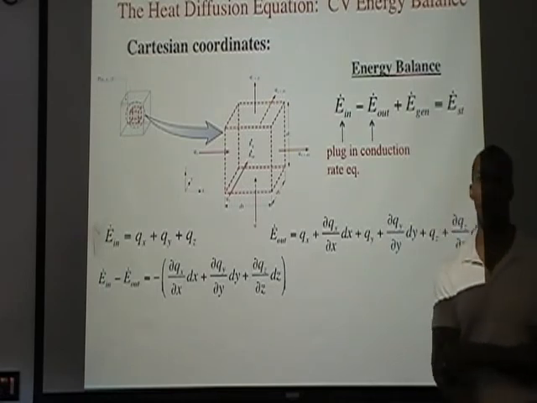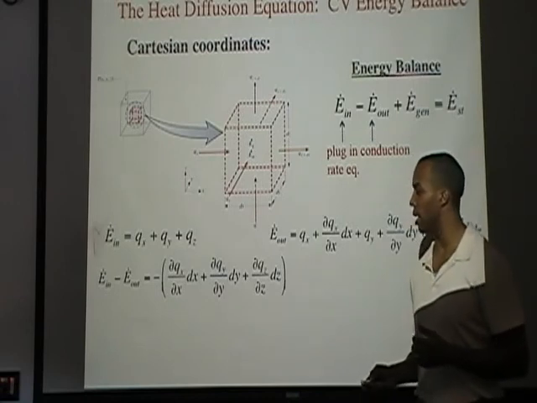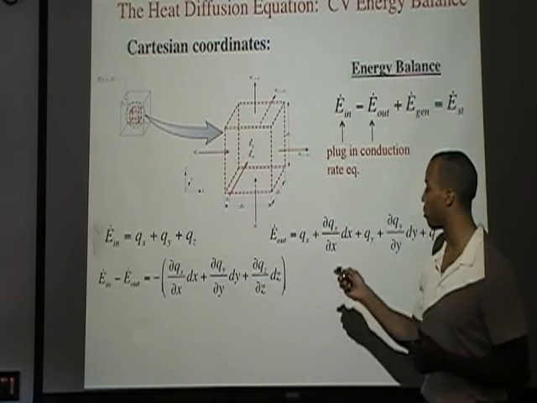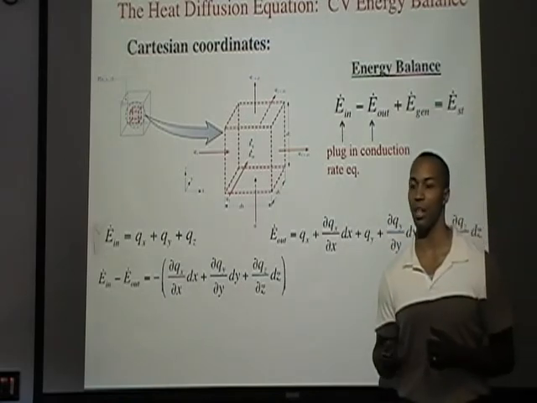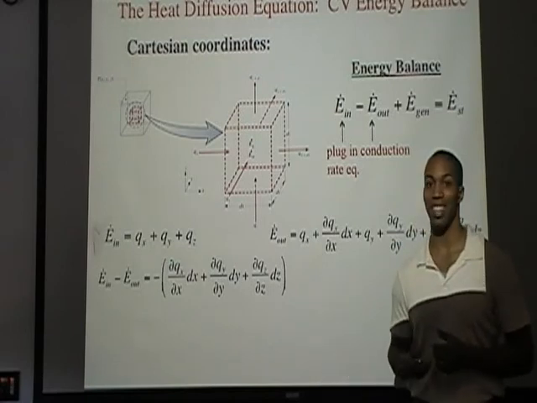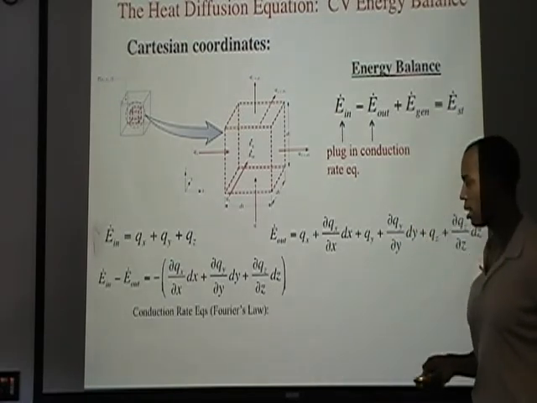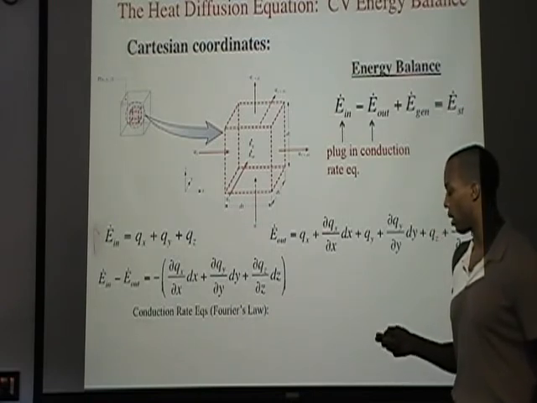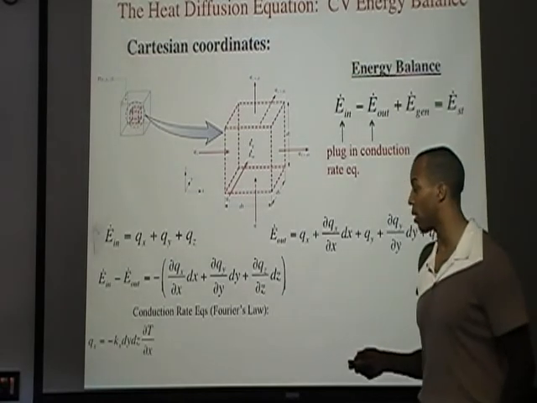So we're talking about Q, but what we really want to talk about is what Q equals. And I talked about before, for Q, in this case, for the heat equation, Q is going to be the conduction rate equation. So the next thing we want to do is look at the conduction rate equation again. We want to look at Fourier's law in the three different directions.